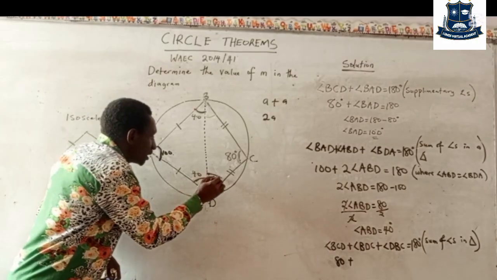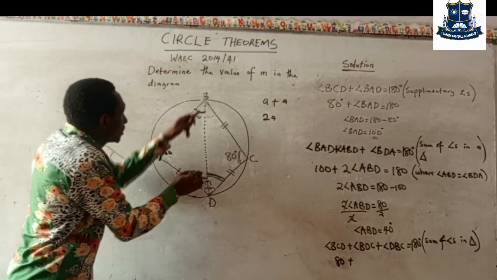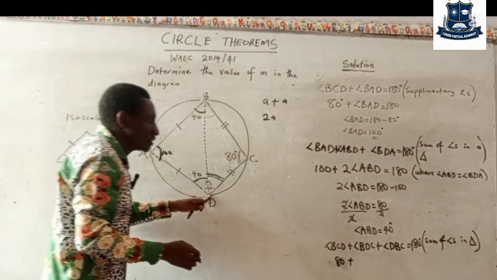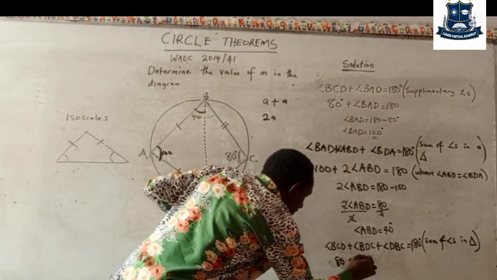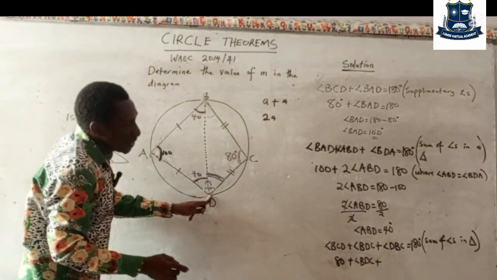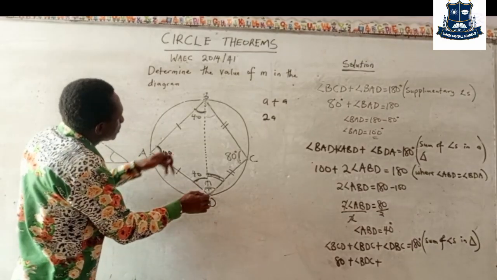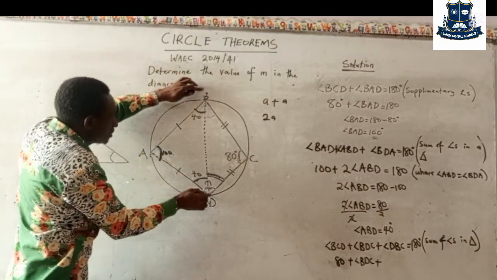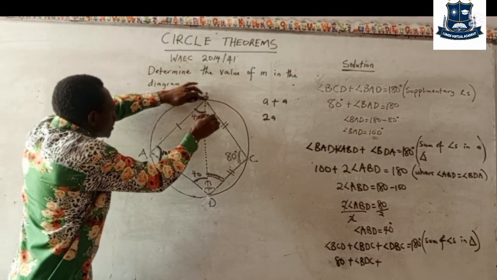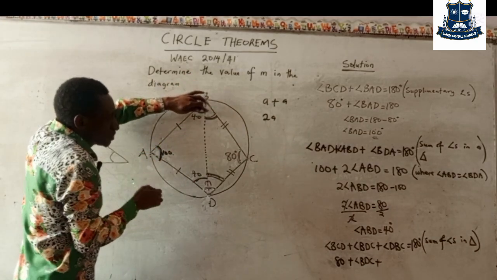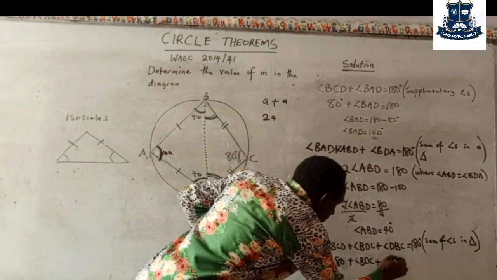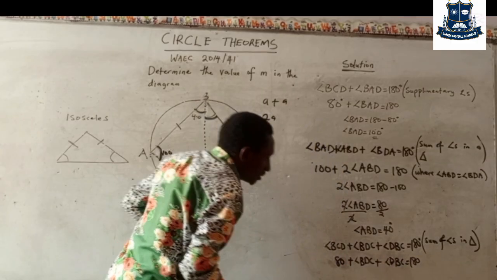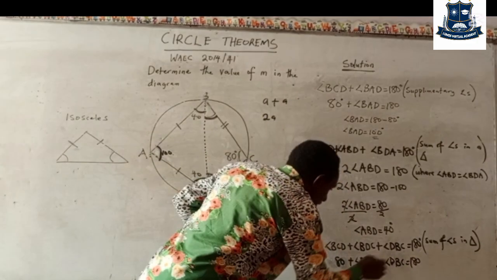BDC is this angle here, and I don't know it, so I can bring down my angle BDC plus DBC. DBC is the angle here. I also don't know this angle, so I can bring down my angle DBC since I don't know it. All equals 180.